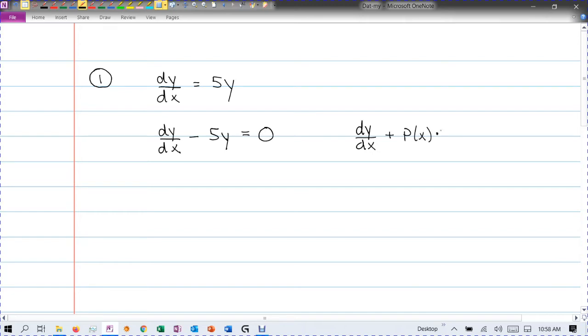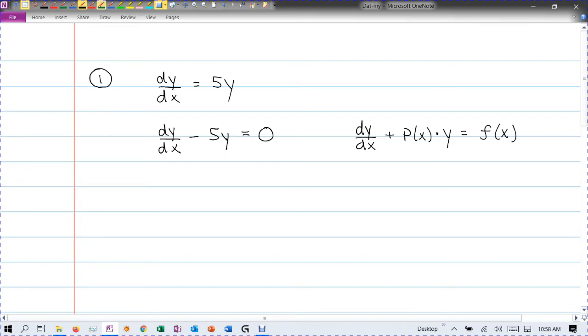Alright, so our first example is dy/dx equals 5y. And this is not quite in the form we need. Let me move the 5y over, and you'll see how when we move that 5y over, it will look more like what we need, which is dy/dx plus some function capital P of x times y equals some function of x, f of x.